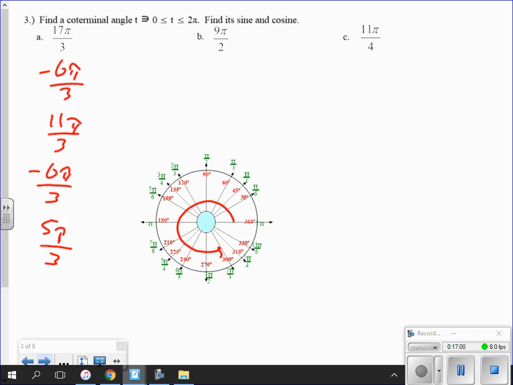And then what are the sine and cosine values, i.e. the x and y coordinates on your unit circle for 5 pi over 3? So the x, which is the cosine, would be 1/2. So the cosine of 17 pi over 3 is 1/2, and the sine of 17 pi over 3 is negative root 3 over 2.